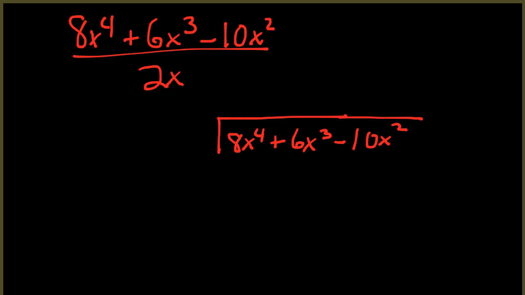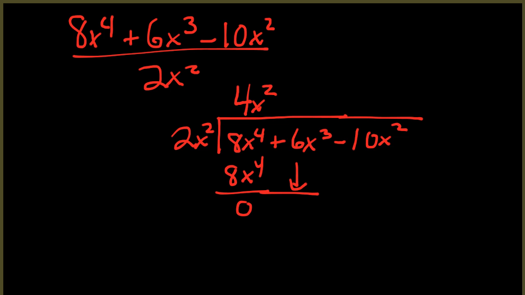Alright, so I'm going to have to multiply the first term. Notice there's only one term, so I'm going to do it term by term, by 4x squared. So what I have is 8x to the 4th power. I have a 0, I bring down the next term, 6x cubed. So I don't really need to write the 0.